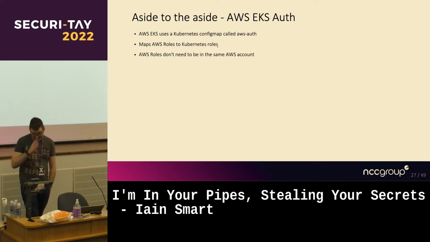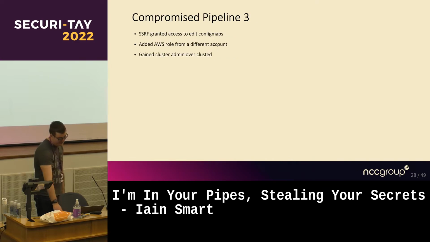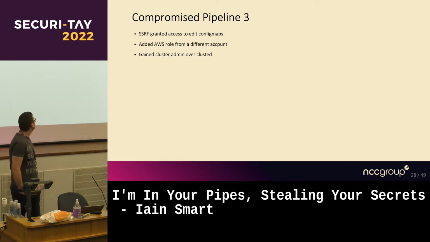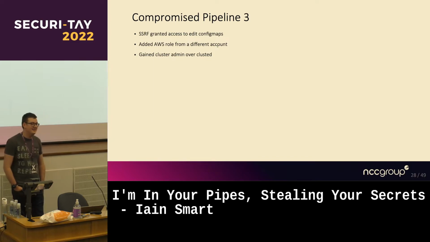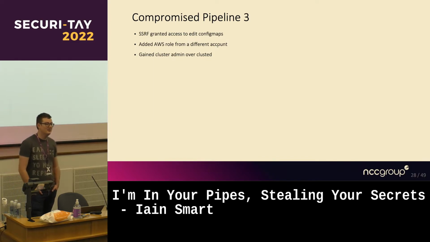For some reason, and you're probably fed up of hearing me say that, but misconfigurations exist, we used the LFI and the SSRF stuff. We got access to the config maps. We got access to Kubernetes. This account had the ability to edit config maps, including the config map in kube-system. So we basically said, okay, we're going to modify this config map.